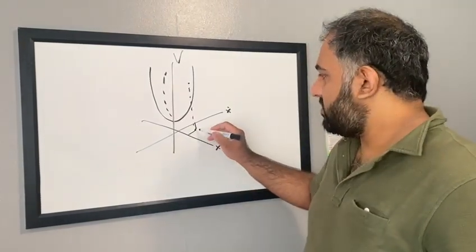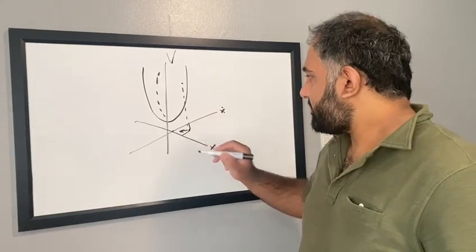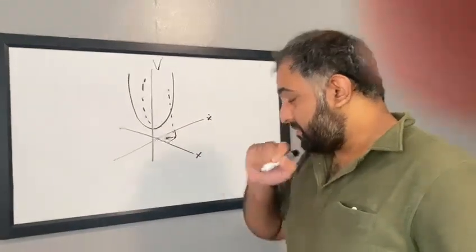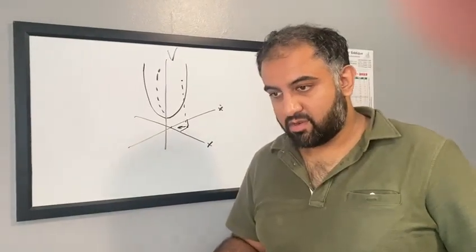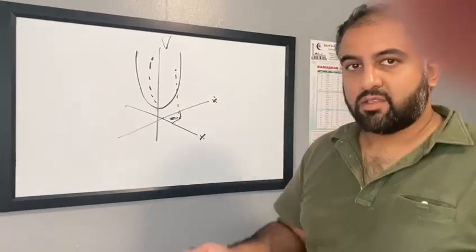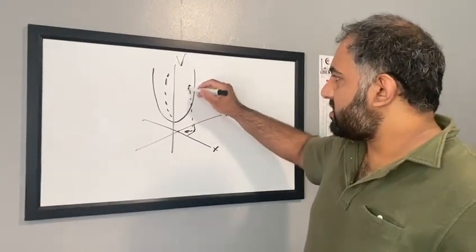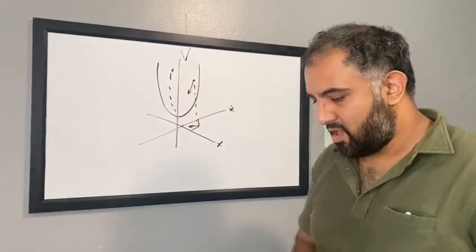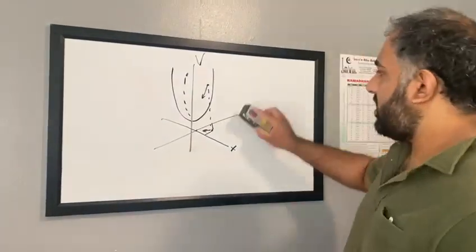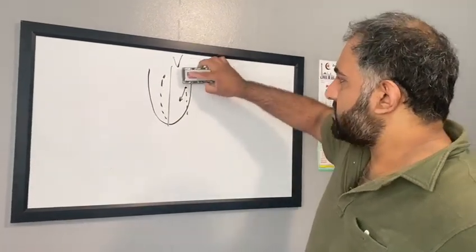What you're doing is pushing this point towards the origin, and we know the definition of an equilibrium point is where x and x dot are equal to 0. So in other words, you're driving this point towards the vertex of the parabola. In actuality, that may not give you the minimum fuel trajectory.